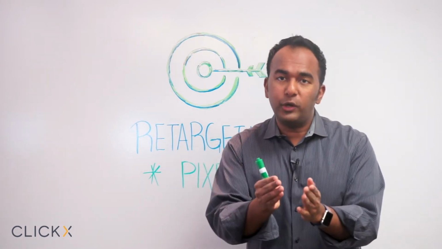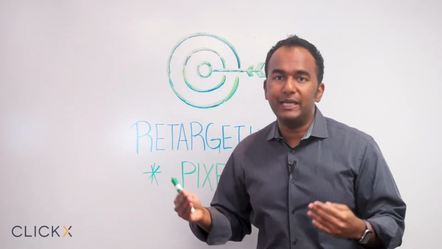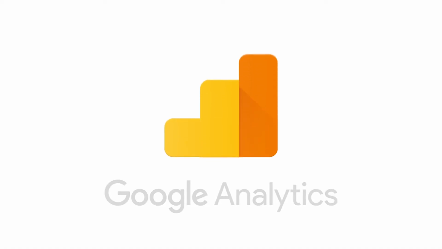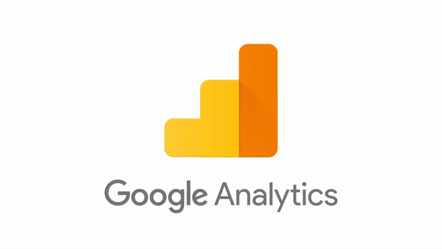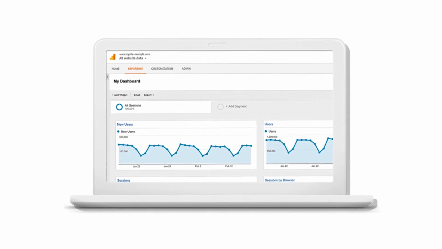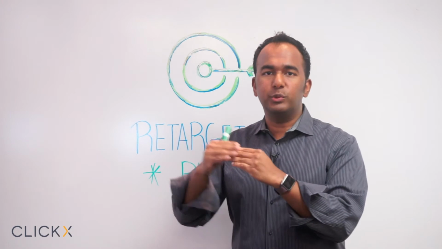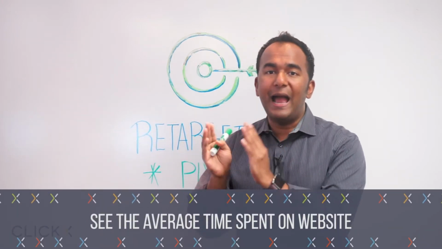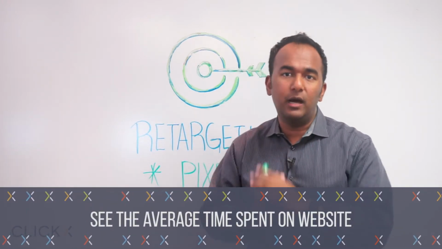Now, if you don't know where to find what the average person is spending on your website, Google Analytics would be a great place. All right, go to Google Analytics and go through the sources of traffic and find out the traffic sources with conversion, right? And see the average time spent on your website.